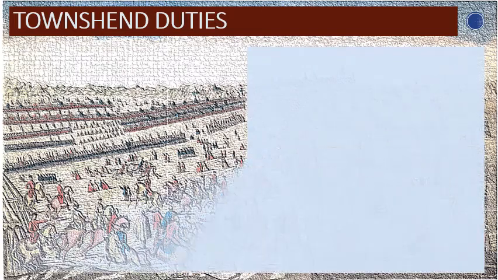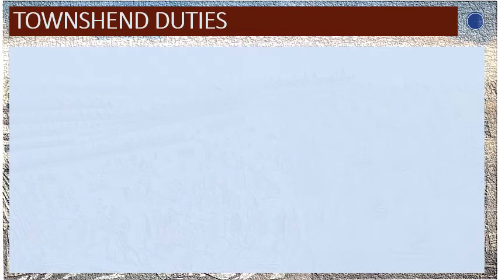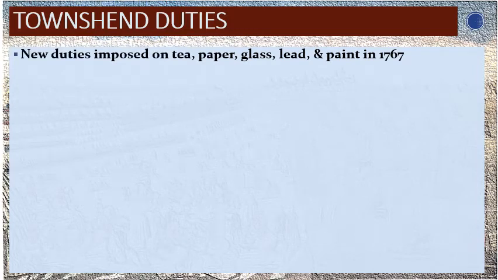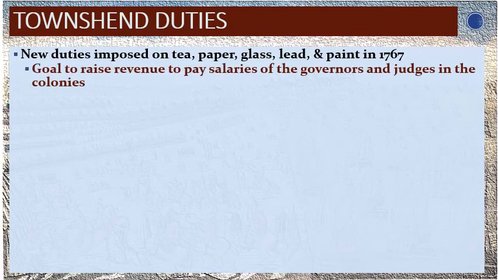Well, the British, you would think, would have learned a lesson. Gee, colonists don't like being taxed without their permission. Got it. Check. But they didn't. In 1767, the British imposed a series of new taxes on tea, paper, glass, lead, and paint, with the goal of raising enough money to pay the salaries of all governors and judges in the colonies, meaning governors and judges wouldn't depend on the colonies for their salary now.